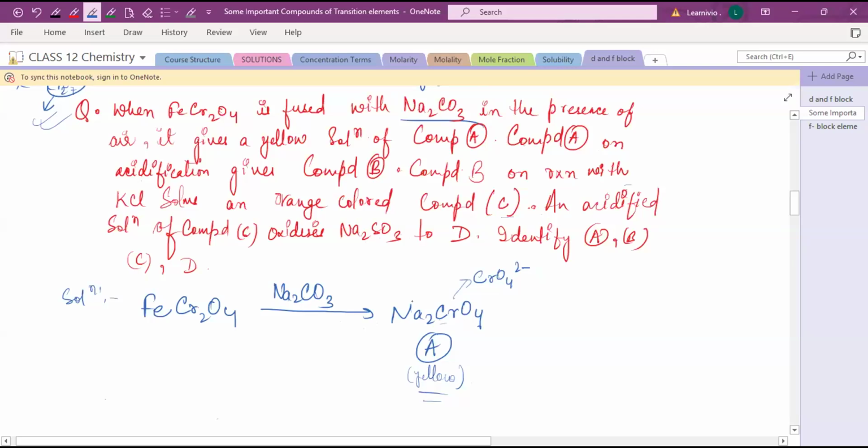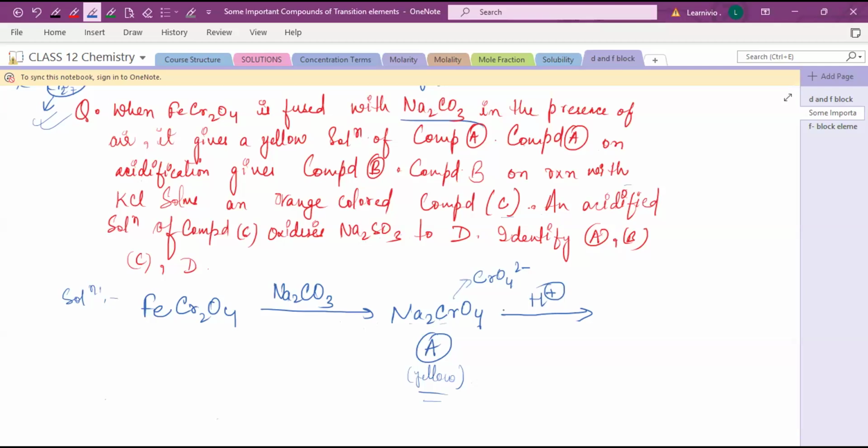Now tell me, when compound A, Na2CrO4, is acidified, when you add H plus ions, it will be converted into compound B. What will compound B be?